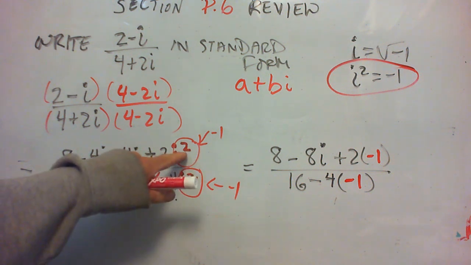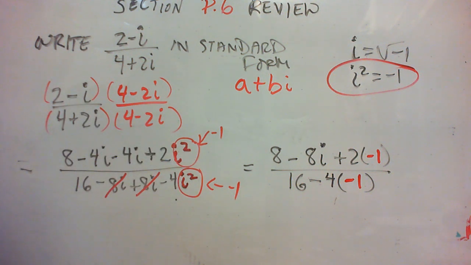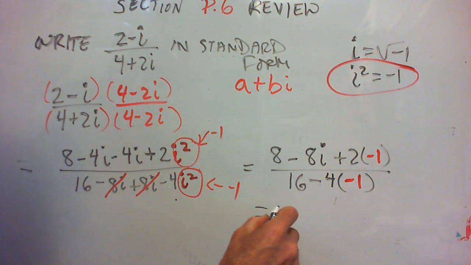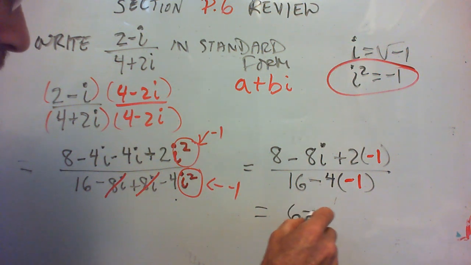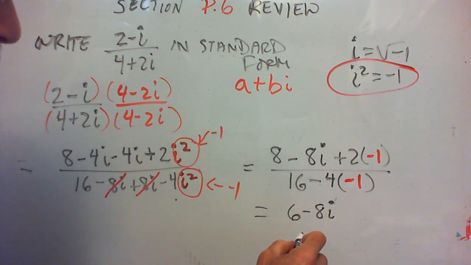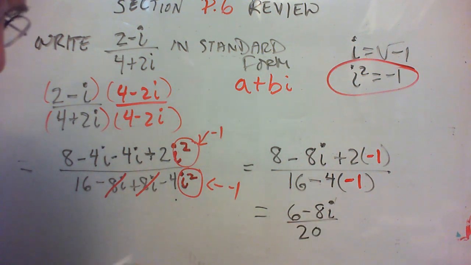When you switch out the i squareds with negative 1s, you get this result: 8 minus 8i plus 2 times negative 1 over 16 minus 4 times negative 1. And that simplifies to positive 6 minus 8i over 20.